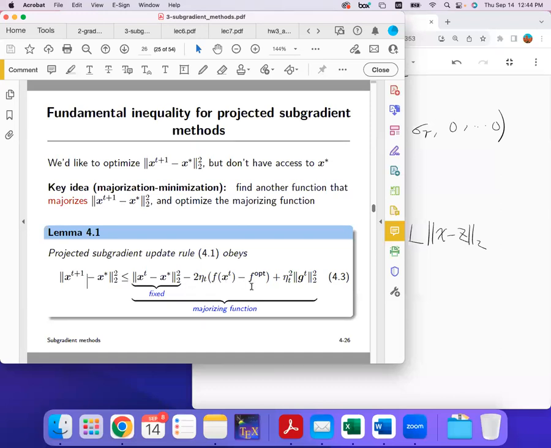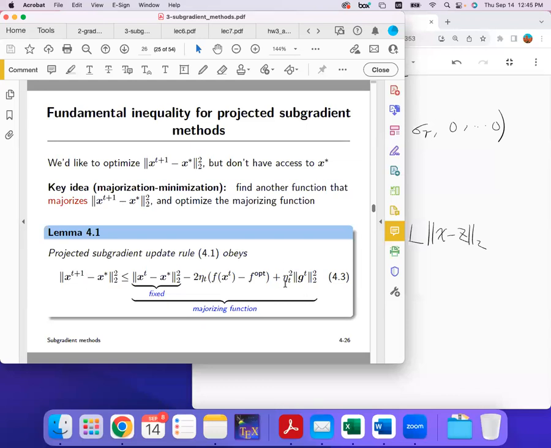However, the first term has coefficient eta t, which is the step size, while for the second term we have eta t squared. So the second term is quadratic in the step size.